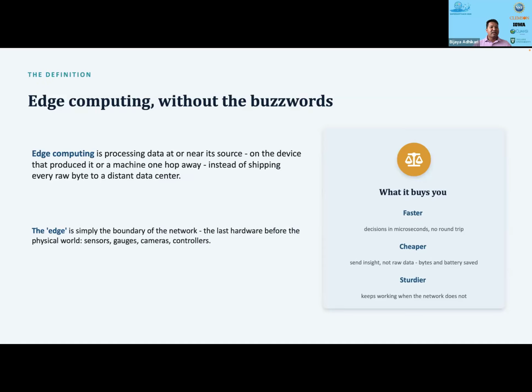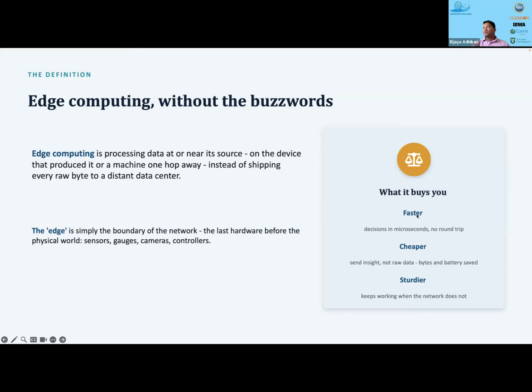After the field sensors, it's the actual real world, the river or the field, or the creek, whatever. So it's basically this first device that interacts with the real physical world. That's the edge, and the computing that's done there is edge computing, to put it very, very simply.